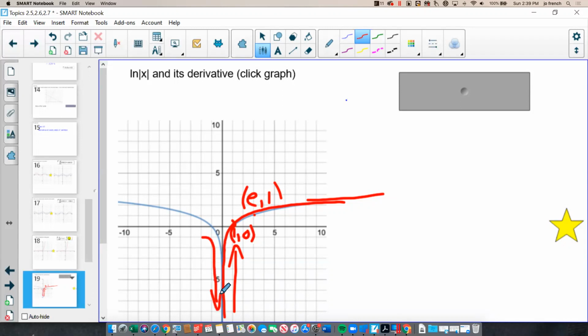And as we look further out to the left, if we draw a tangent line, it's got a negative slope, but it's not nearly as negative as it was close to 0. And again, it starts flattening out the further we go, but it's always just slightly negative. Here, we start way up with a positive slope and end up with a slope that's just barely positive.